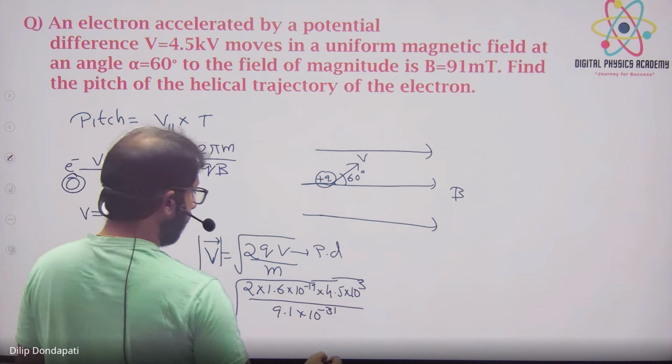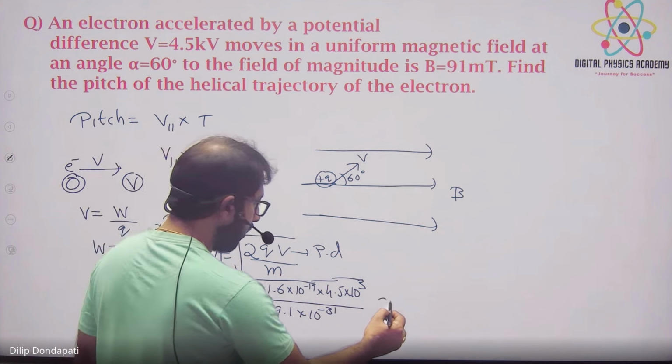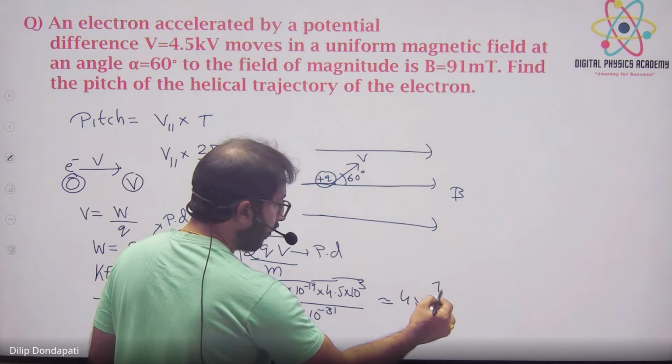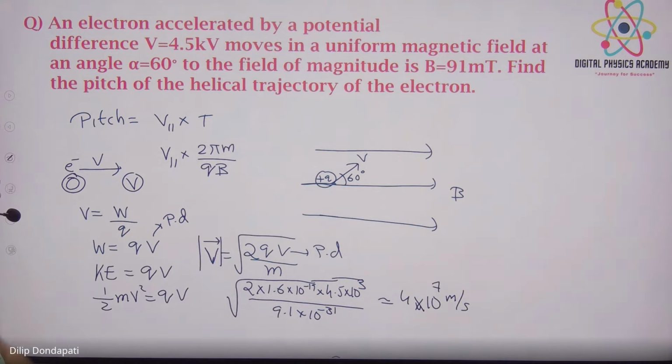Solving this, approximately you will get 4 into 10 power of 7 meters per second velocity. So the speed comes out.